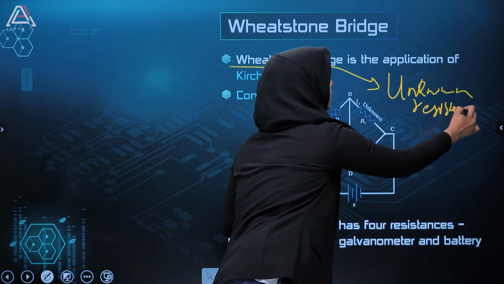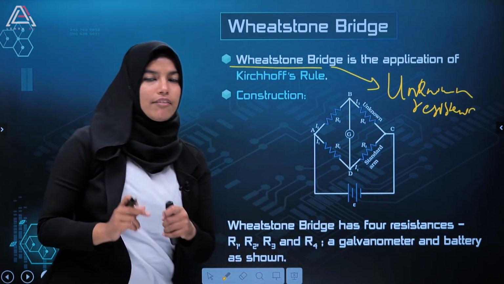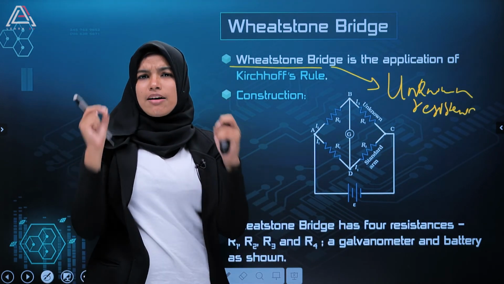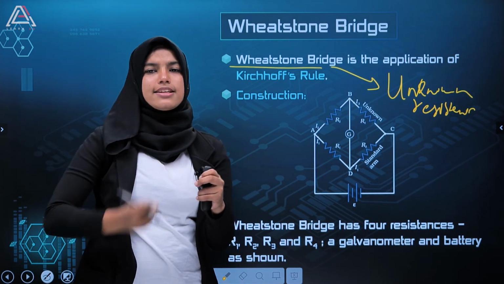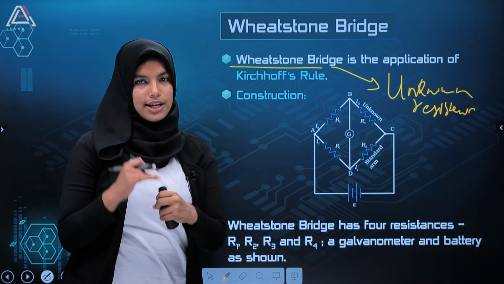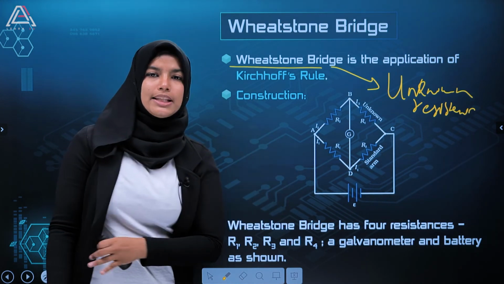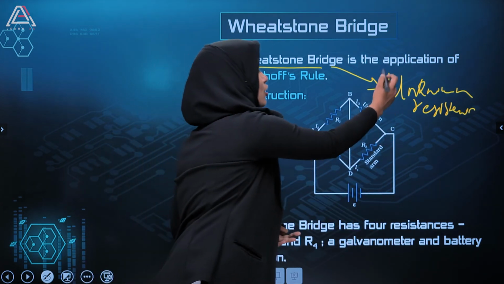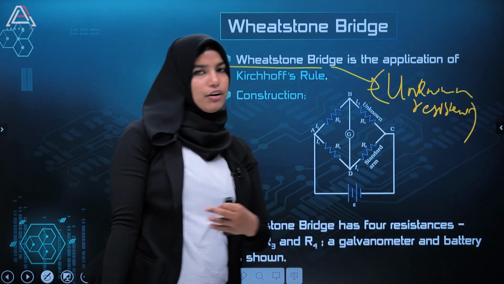Consider that you are given a conducting wire, and someone asks you to find the resistance of this wire. How will you do that? We can do that with the help of the Wheatstone bridge arrangement.